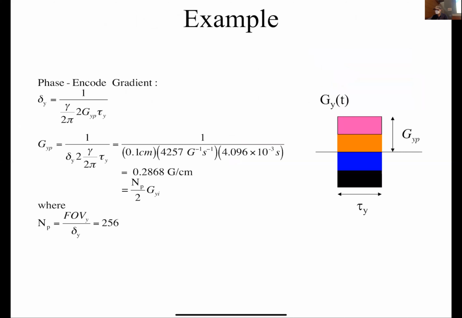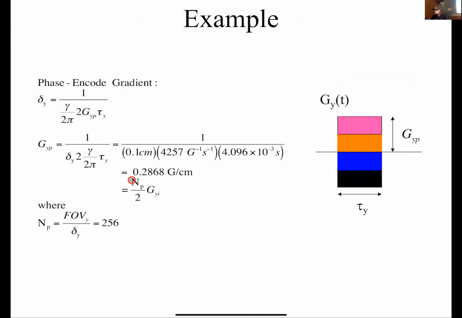So here's an example of that. We have our delta y, and we solve. Here's the 2 times GYP, because we need twice that to get the width in k-space. I've been given tau sub y, so I can just solve for G sub YP, and I end up with 2.868 Gauss per centimeter.